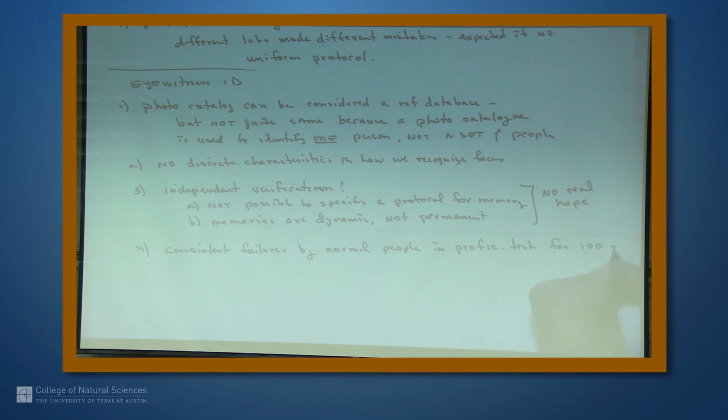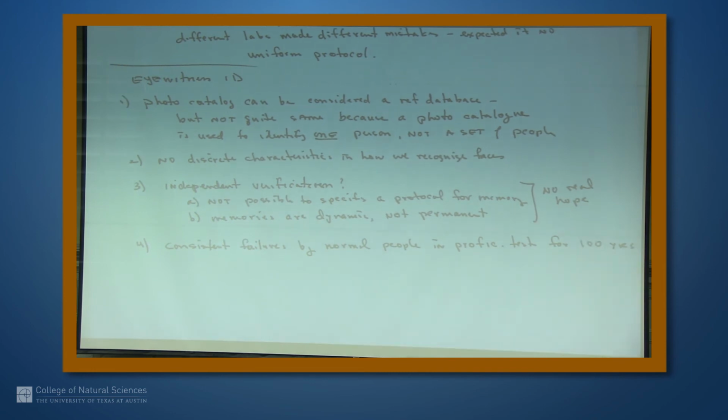For 100 years, we have known for a century that we do a sloppy job of this. If we don't know the person in advance, recognizing them later is problematic.